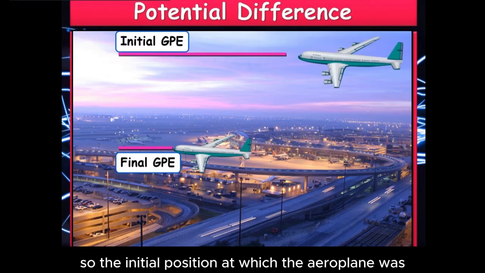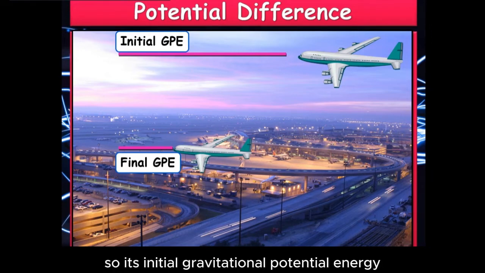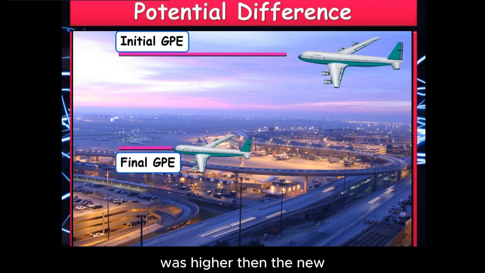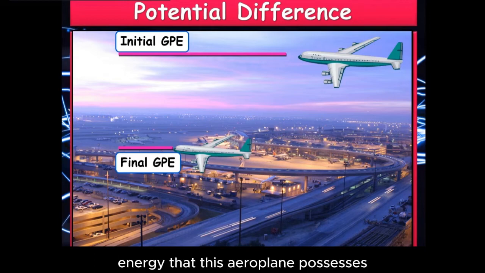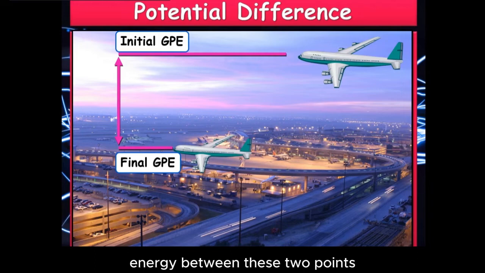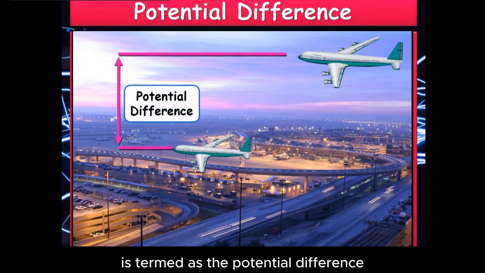So the initial position at which the aeroplane was, it had a higher gravitational potential energy. So its initial gravitational potential energy was higher than the new or the final gravitational potential energy. So that means there's a difference in the gravitational potential energy that this aeroplane possesses. And the difference of that energy between these 2 points is termed as the potential difference.